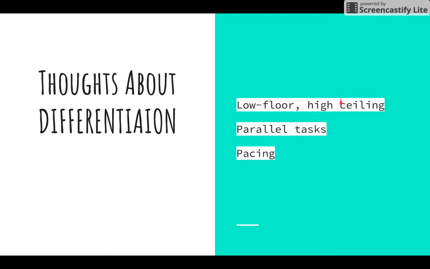It's not that some students are working on an entirely different thing than other students, but they might have slightly different numbers, different shapes, and so it's all working toward the same idea, but they're slightly different tasks. And then pacing is a differentiation strategy as well because it allows some students to move ahead while others work through more deliberately.